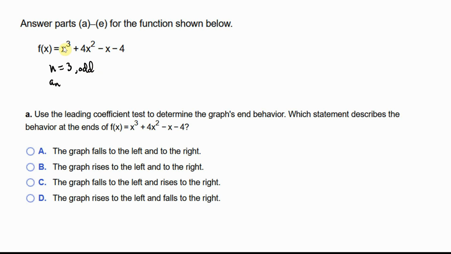And a sub n, the number that's multiplied to it, is 1. It's positive. So for its end behaviors, it's acting like x to the third. So it falls to the left and rises to the right. So the graph falls to the left, rises to the right. Is that C? Is that right? Is that C?